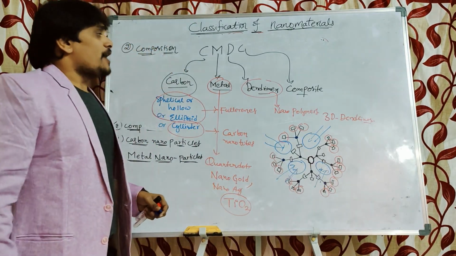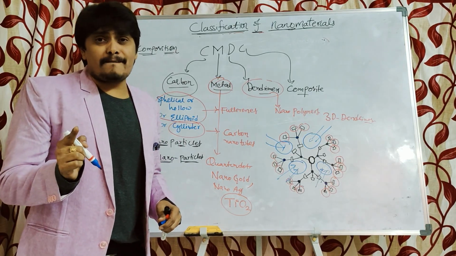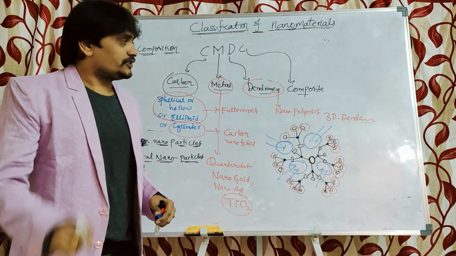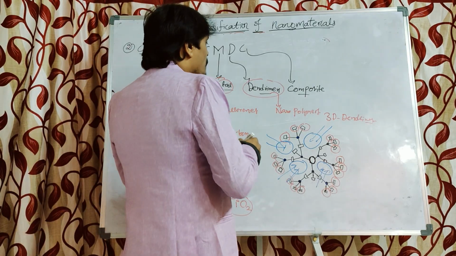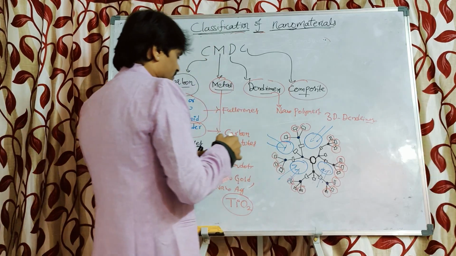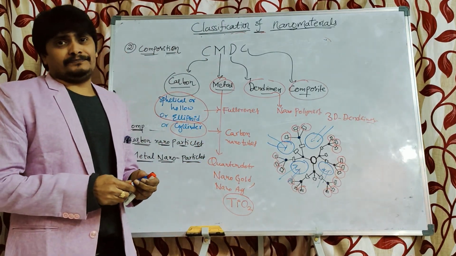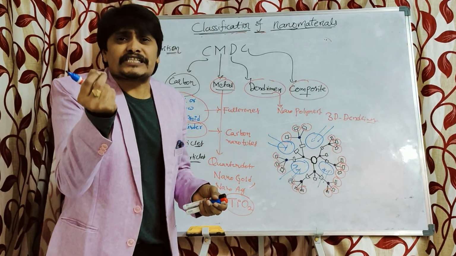Right. And what is the last class of the nanomaterials based upon composition? That is composite nanomaterials. But what is a composite nanomaterial? The name itself implies composite means mixture.